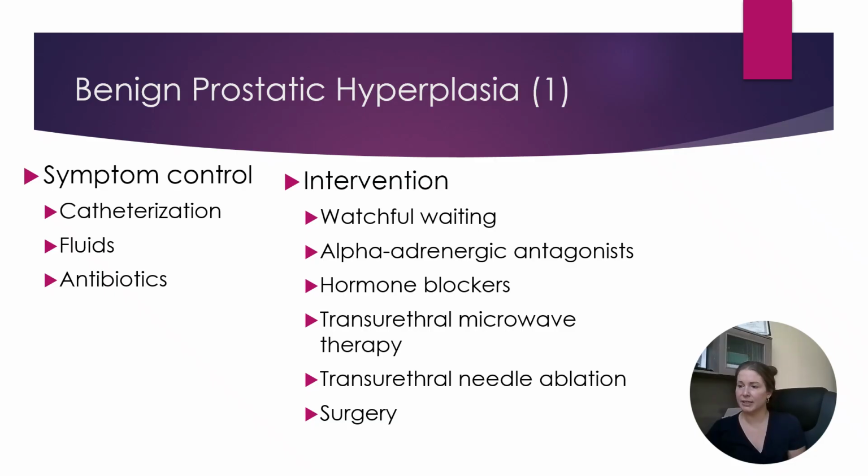We have minimally invasive procedures that we could do, so transurethral microwave therapy will help destroy any excess prostate tissue. Our transurethral needle ablation is going to use radio frequency.